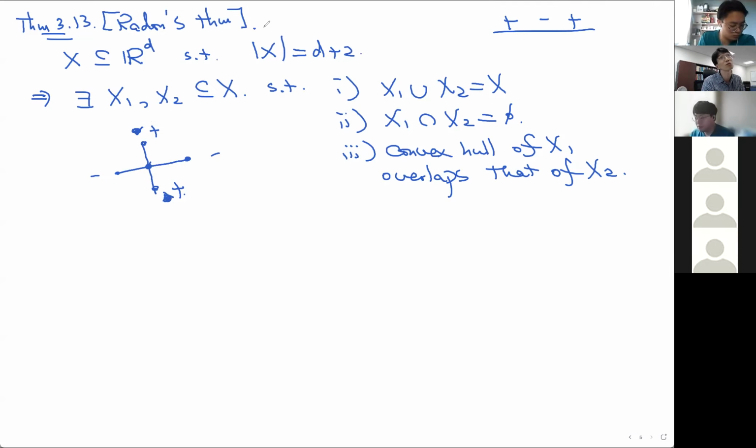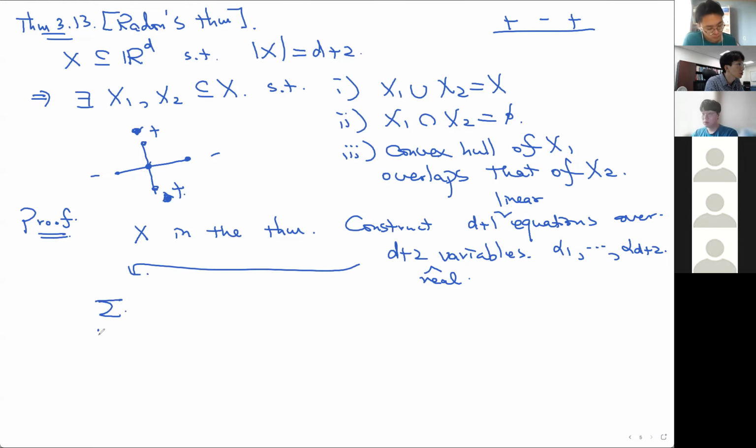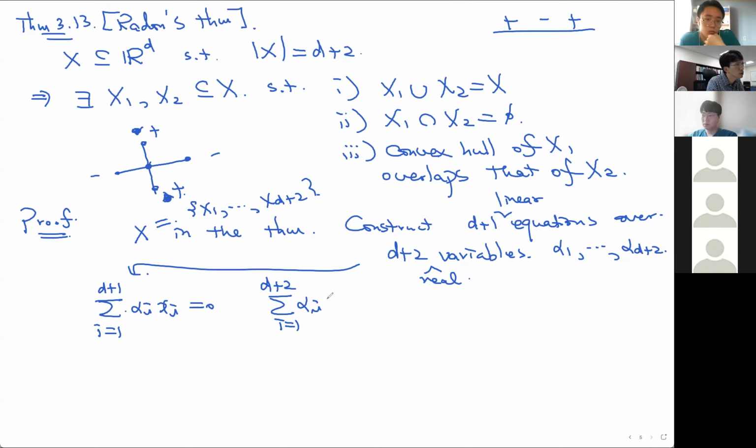So what are the equations? X is x1 up to x_{d+2}. The sum over i of alpha_i x_i is equal to 0, and the summation of alpha_i for i from 1 to d plus 2 is equal to 0.